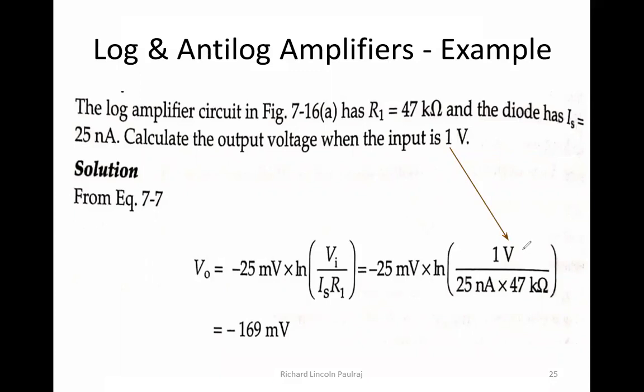Either you can take the numerator 1 divided by, or as I mentioned, first you take this denominator, okay, you will have a value, take an inverse of that, and of course you don't have to multiply with the numerator because it's just 1. To that value you take ln, and to that value you multiply with minus 25 milli.